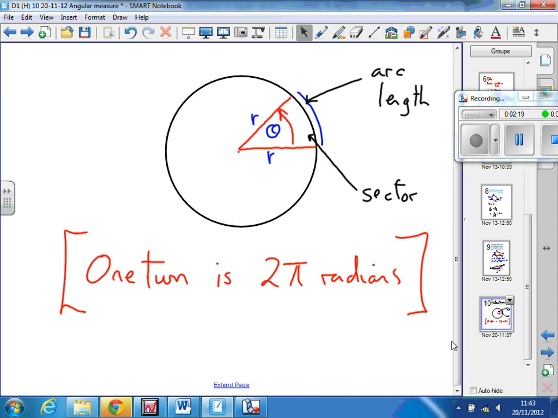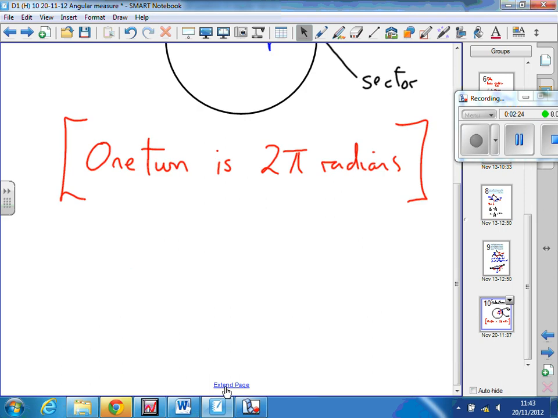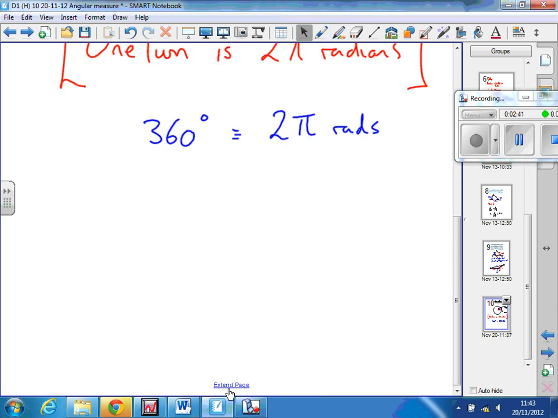So straight away we've got the conversion factor between radians and degrees. 360 degrees, which is a complete turn in degrees, is equivalent to 2 pi radians, and rads or rad radians. So once we recognize that 360 degrees is 2 pi radians, well then 180 degrees is pi radians. So we've got that. Now if I want to go from degrees to radians, what I really need to know is what 1 degree is.